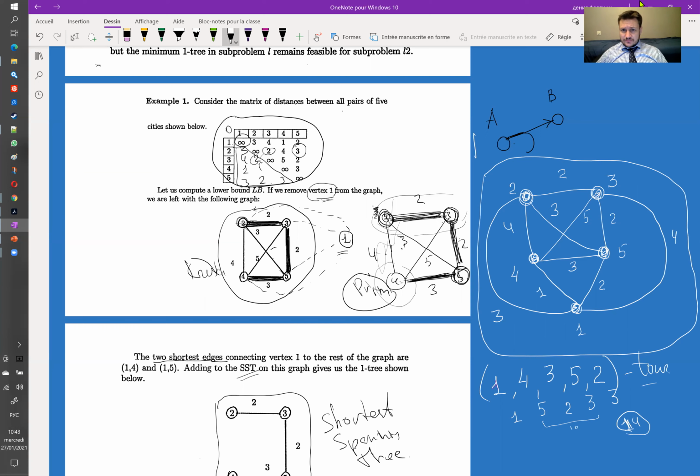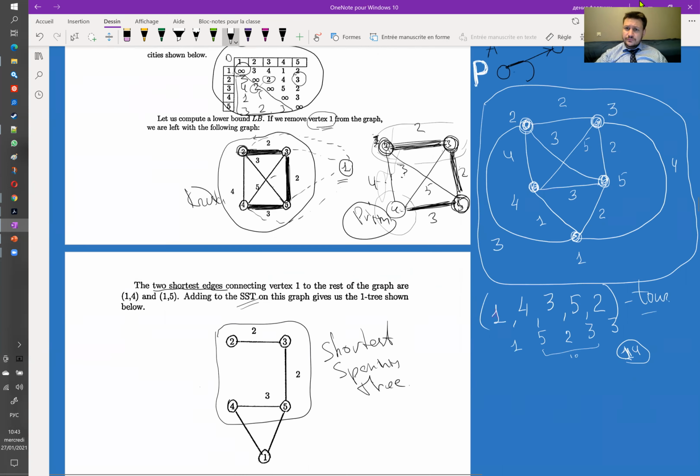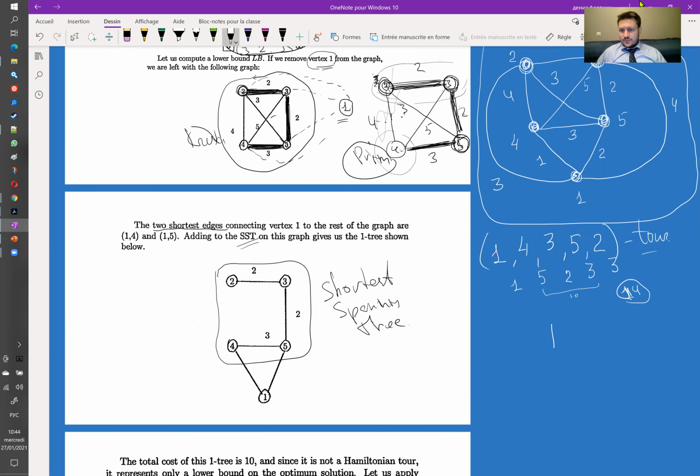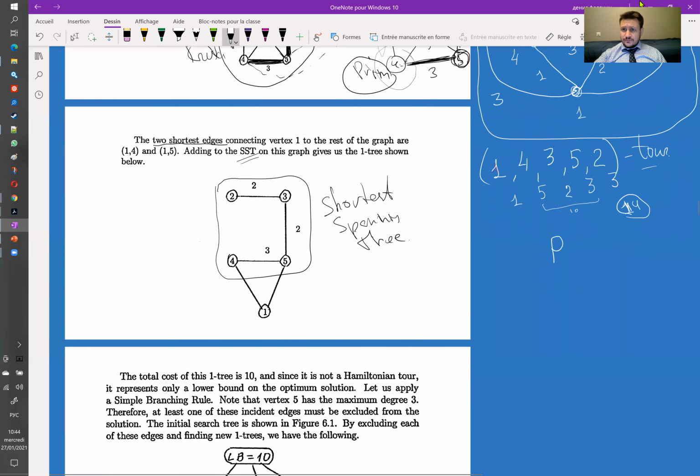We can describe this problem as P. This is our large problem, and we can divide it into several smaller problems. So either 1 is in our set of cities, or 1 is not in our set of cities, so we exclude the vertex 1.